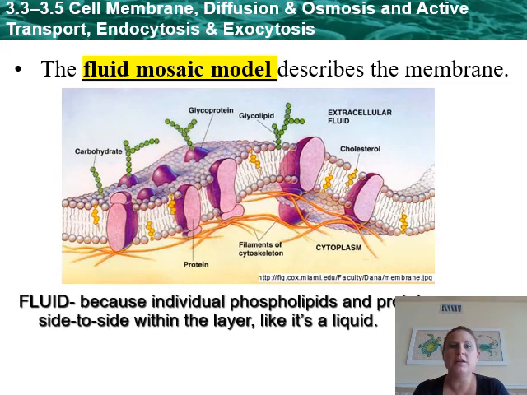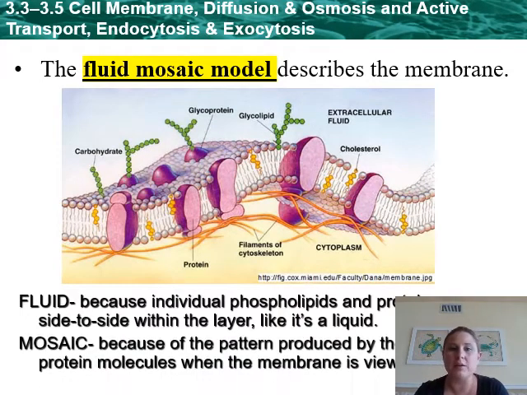Well, we call it fluid because the individual phospholipids and proteins move side to side in the layer, kind of like a liquid, but it's not a liquid. They kind of move back and forth and back and forth. And mosaic because those patterns, like tiles, is a pattern produced when you look at it. You've got these little phospholipids with carbohydrates and proteins scattered throughout, so it kind of makes like this little random pattern.